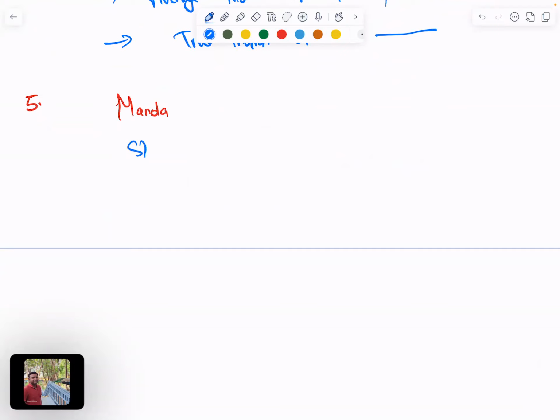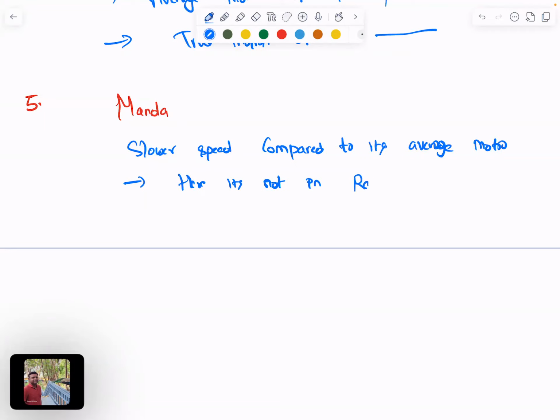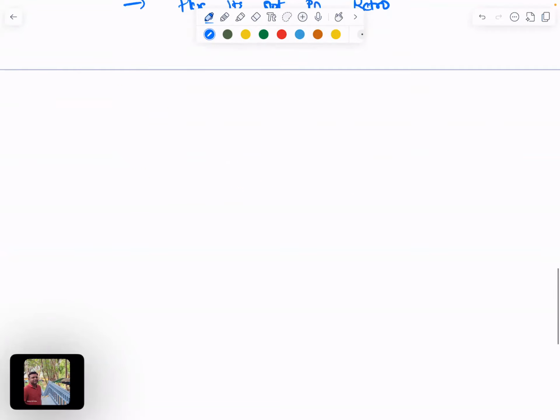It is slower speed compared to its average motion. But here, it's not in retro. That you have to understand. Earlier also we saw something similar, but that was in retro. Here, it's not in retro.